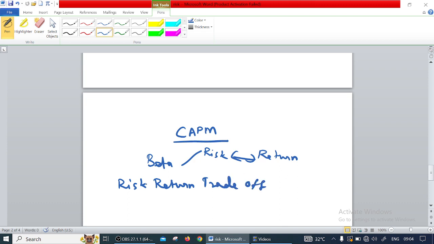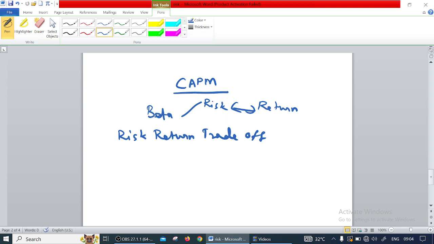And I will tell you the formula for CAPM. Ri is equal to A plus beta i Rm.